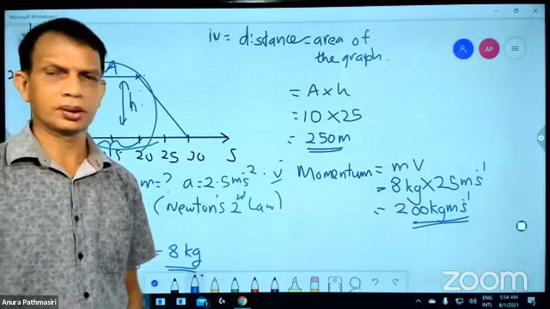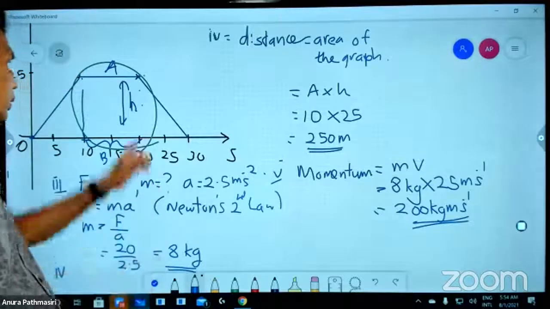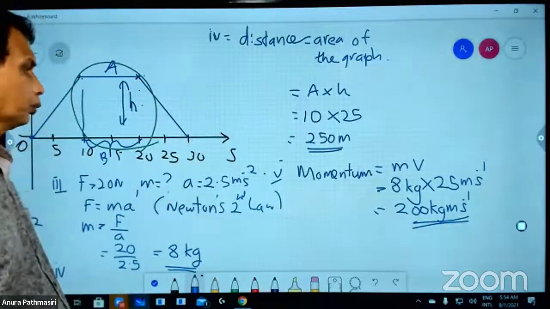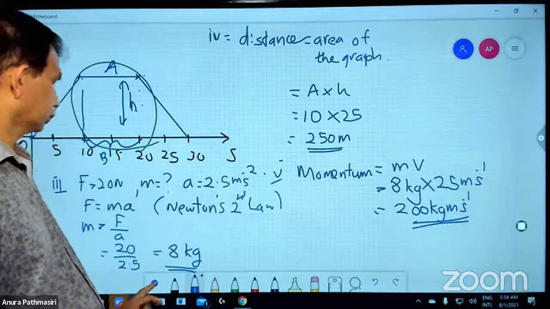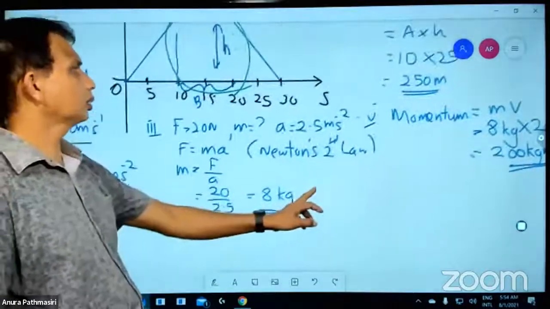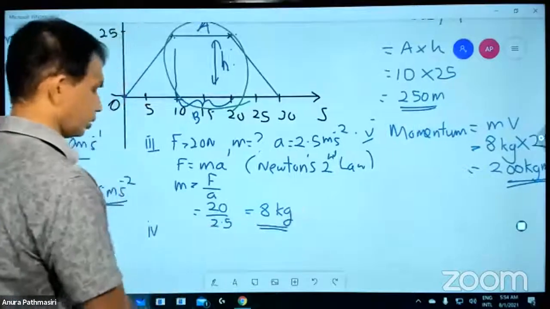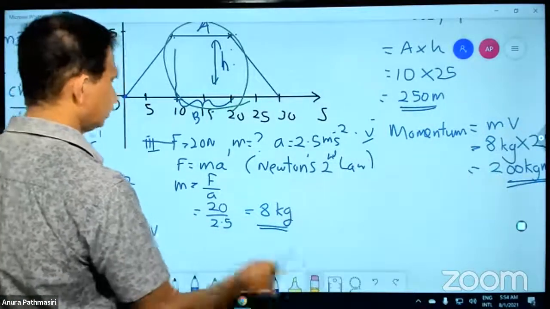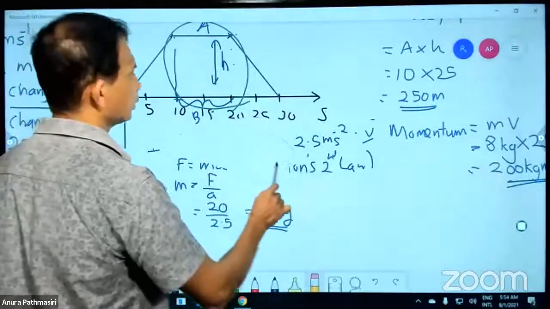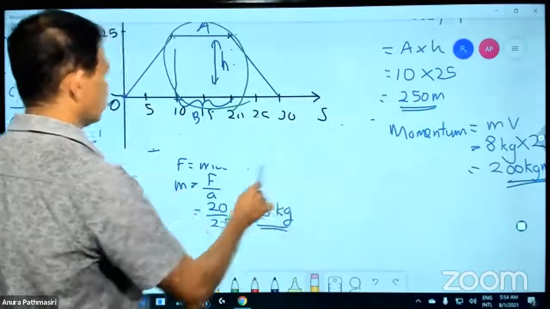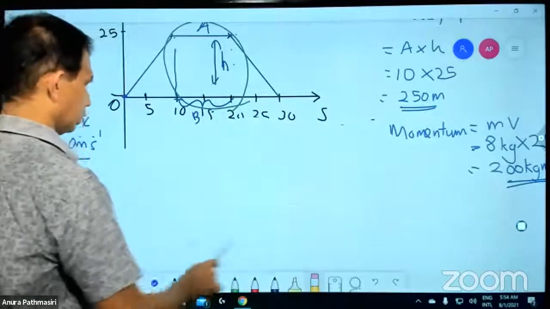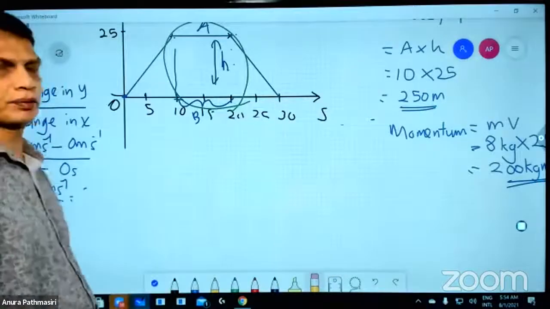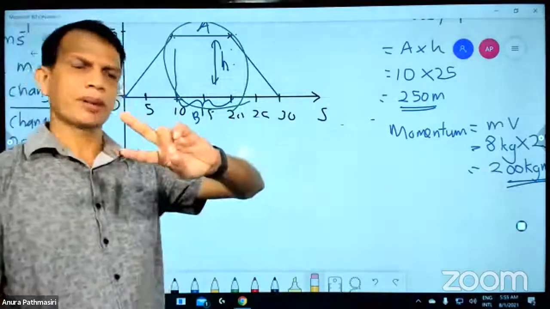15 meters per second. Last part. Right? It is a little bit longer one because we want to find out first the acceleration or the deceleration, and then you have to find out the force that you have to apply by using F equal ma. So there are two steps.